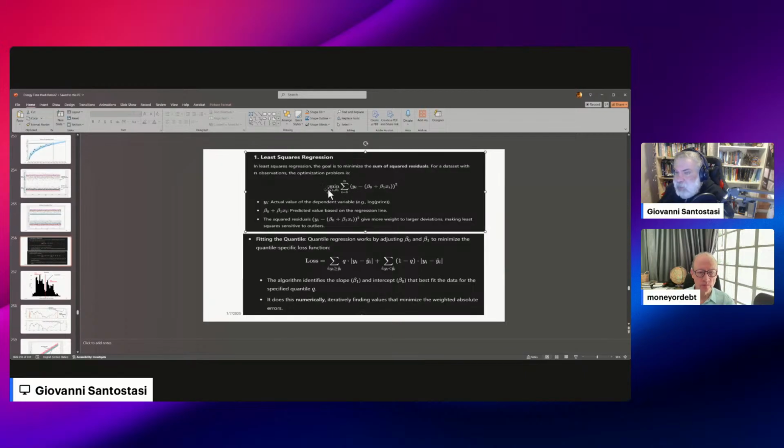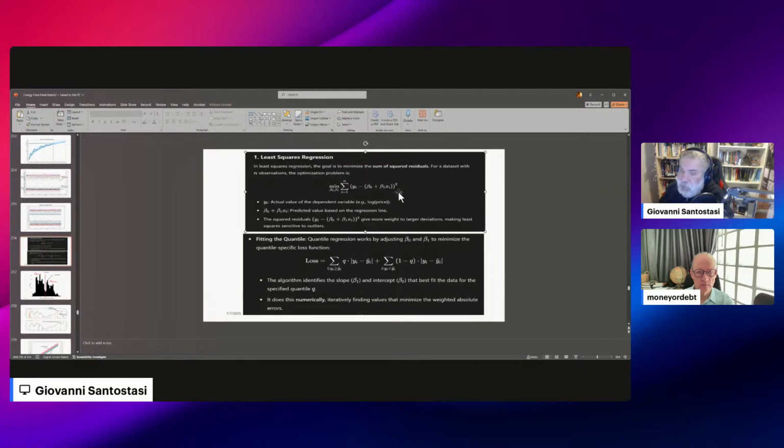And then you see it says here, find the minimum. All this means is, let's calculate how big the error is, so basically the distance, the difference between the value of a price versus your model. And let's find the beta 0 and beta 1 where this sum is minimized, the smallest possible value.